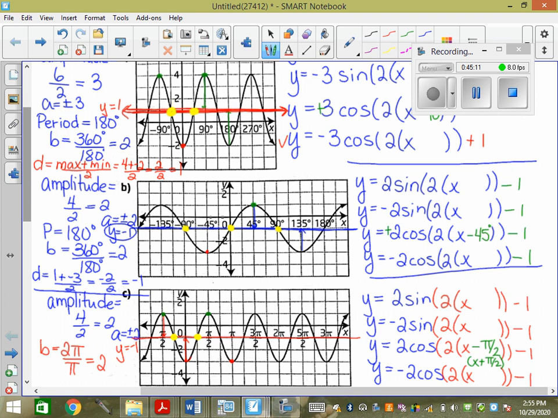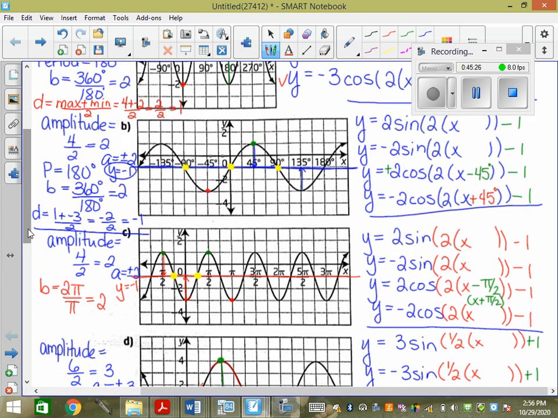I'm going to look for my closest minimum. This one is 45, but to the left. So I'm going to go x plus 45 degrees. This one, I'm going to look for my closest minimum. Where is it? On the y-axis, isn't it?